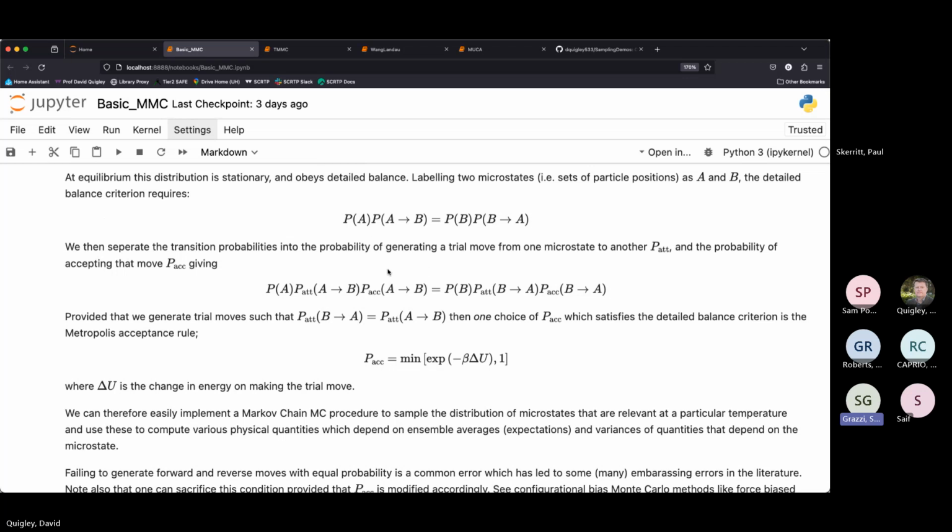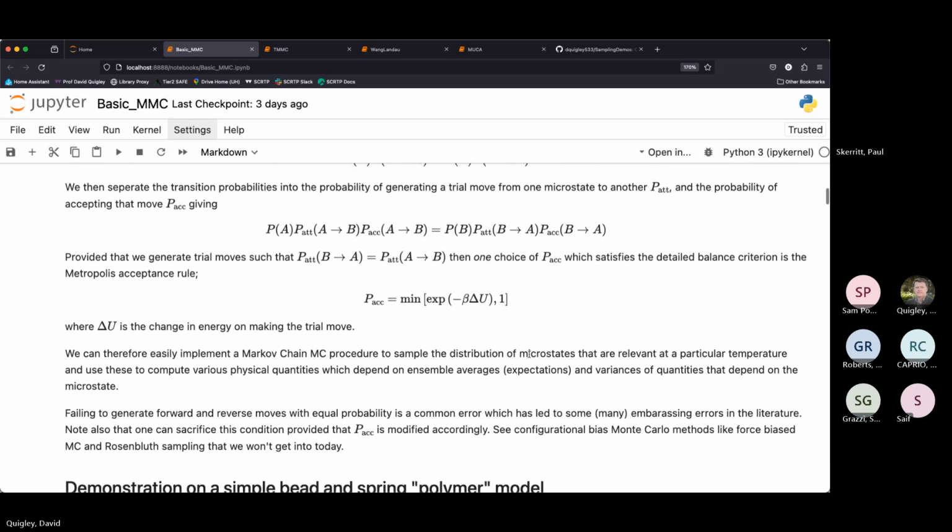So we can satisfy that equation, provided those 2 attempt probabilities are equal, with the Metropolis criterion, which is this thing here. So I make a move, being very careful to make sure that the probability of attempting the reverse move is the same, and the acceptance probability is the minimum of either e to the minus beta delta U, where delta U is the change in energy on making the move, or 1.